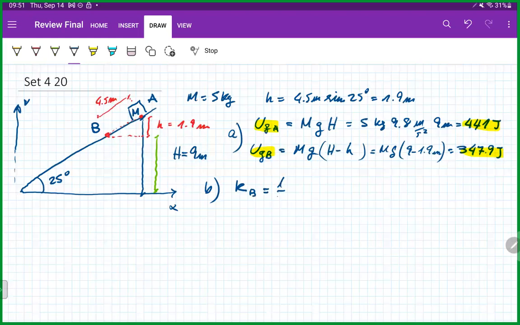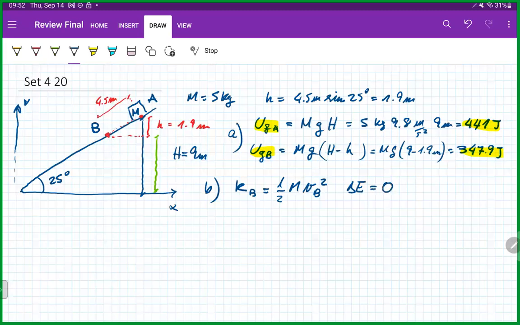And that would be 1/2 of the mass times VB squared, basically. But what we can say here is that we don't have any kind of external input to the system. There's no dissipative force acting here, so we can say that the total mechanical energy is being conserved, right? So we have delta mechanical energy equal to 0.